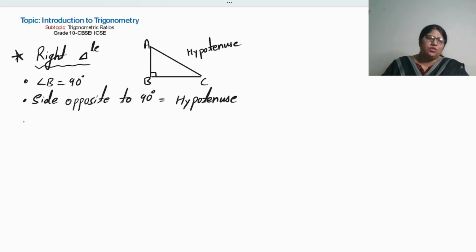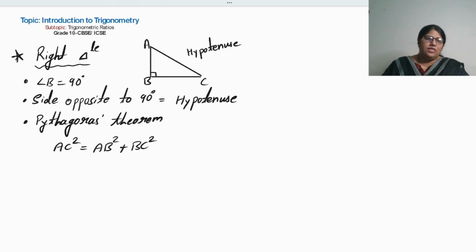Using the Pythagoras theorem, which states that the square of the hypotenuse, and what is the hypotenuse here? AC. AC square is equal to AB square plus BC square, which is the sum of the squares of the other two sides.